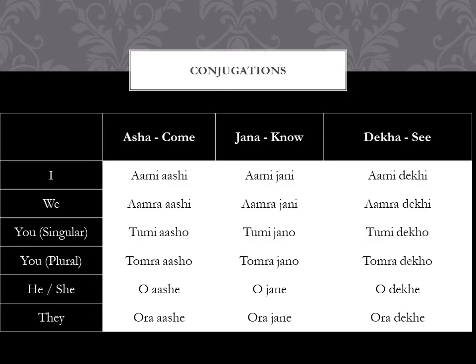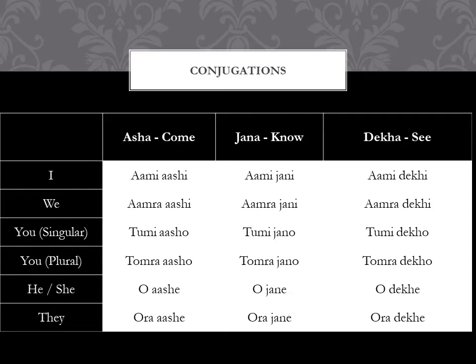From the infinitive form Dekha, we can see that it ends in a, so it falls under group 2 of verbs, and hence the conjugations will be similar to what we have learned before. So the first person verbs will end in e. Ami dekhi, amra dekhi. Second person verbs will end in o. Tumi dekho, tomra dekho. And third person verbs will end in a.